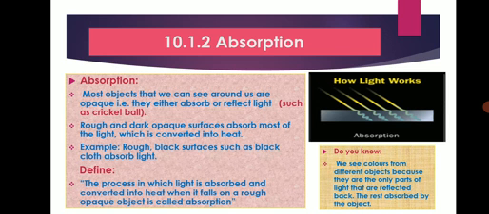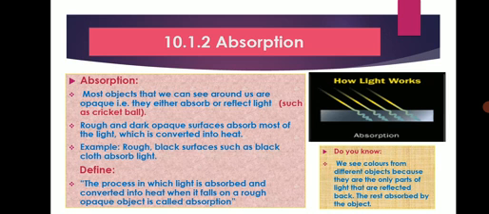Similarly, the transparent objects allow light to completely pass through them. Translucent objects will allow some of the light to pass through them. The process of absorption can be defined as the process in which light is absorbed and converted into heat.